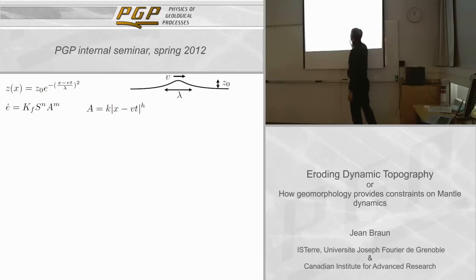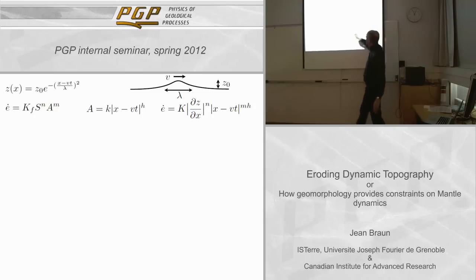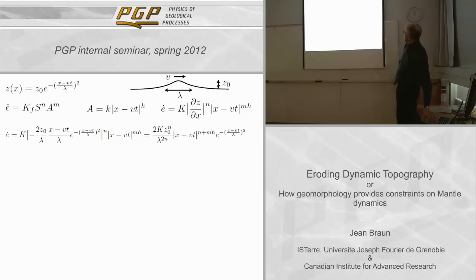This is the distance to the divide to some power. Right? You put that in there, get that. If you take that, put that in there, it's a simple derivative of a Gaussian shape. You get that. And then this is the local erosion rate at any time, at any place.